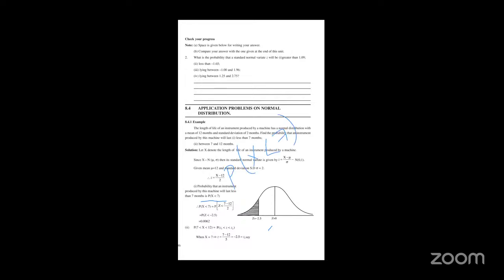X less than 7 means Z less than (7 minus 12) by 2. Calculating, that is minus 5 by 2, which is minus 2.5. So the probability of Z less than minus 2.5 is 0.0062. You can calculate it on the calculator. It is very easy.